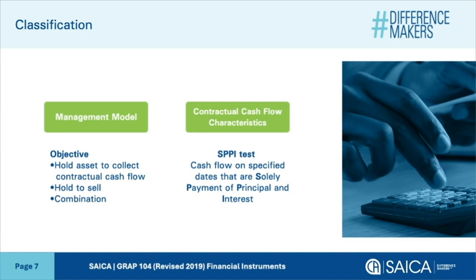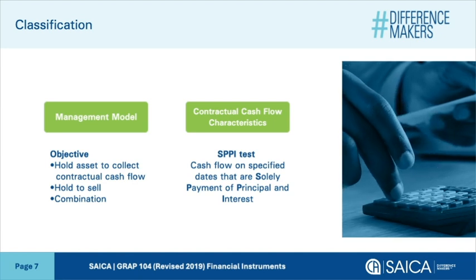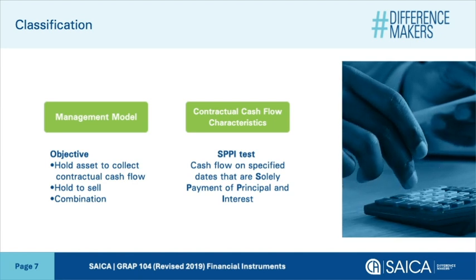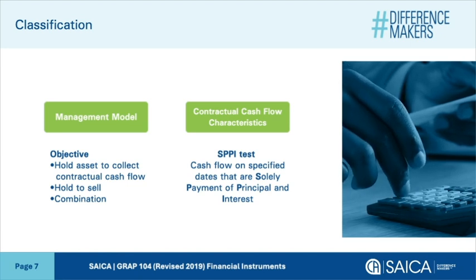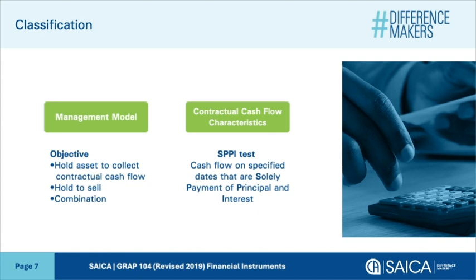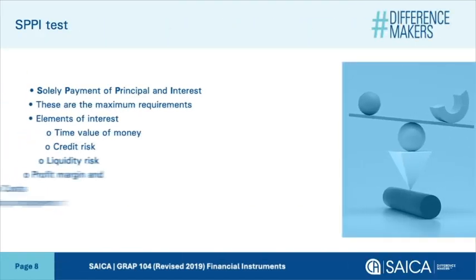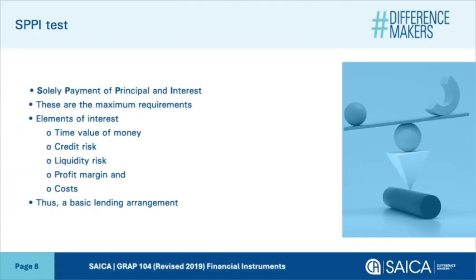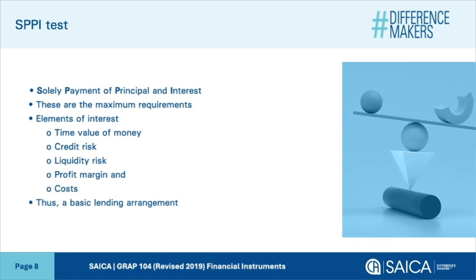The test considers the cash flow of a financial asset. It considers the specified date, even on demand, is a specified date. This means if there is no specified date, the financial asset will be held at fair value. For the SPPI test, it considers the maximum requirements in terms of the amount and interest.